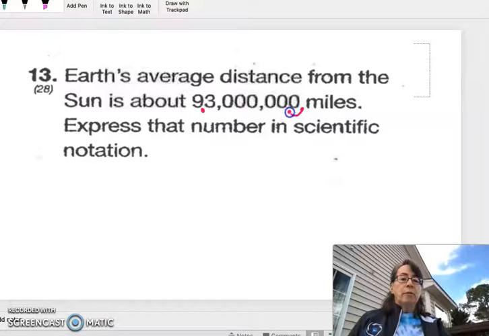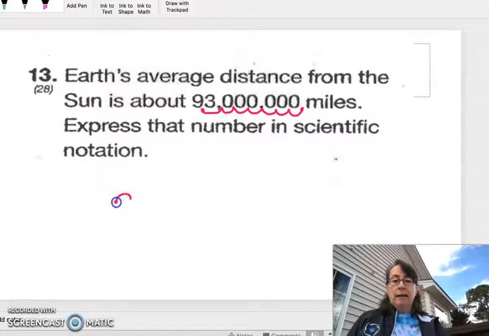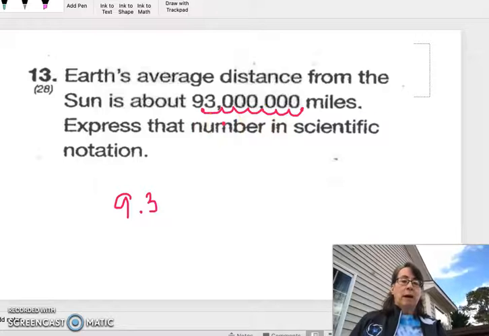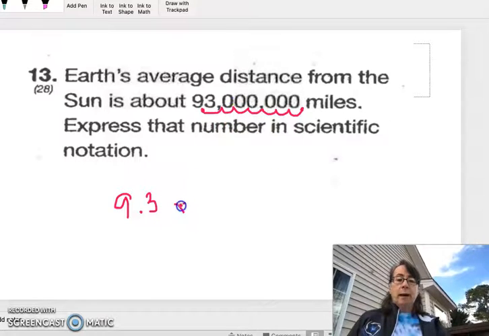So we're going to move 1, 2, 3, 4, 5, 6, 7 to the left to get 9.3. And since we moved 7 to the left, that is a division by 10 to the 7th. So we must compensate by multiplying by 10 to the 7th.